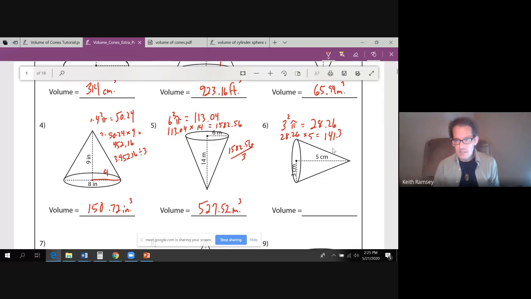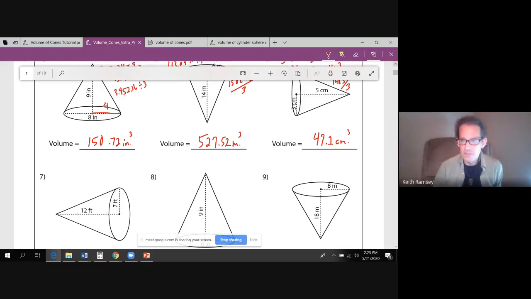And then the last step, just take 141.3 divided by 3 for a volume of 47.1 cubic centimeters. And if those are the answers that you got for those last two, you're on the right track. You know what you're doing.